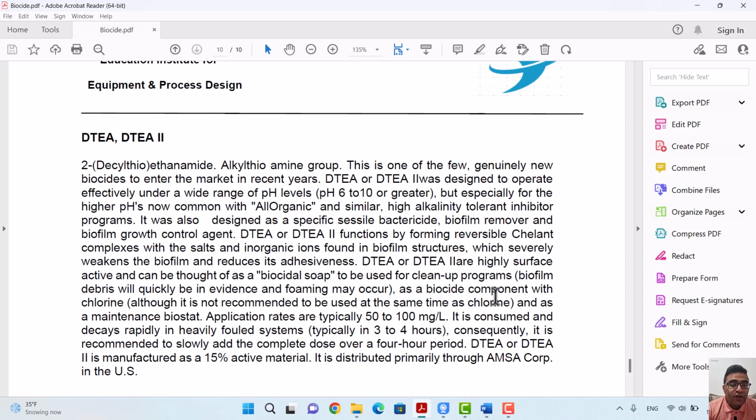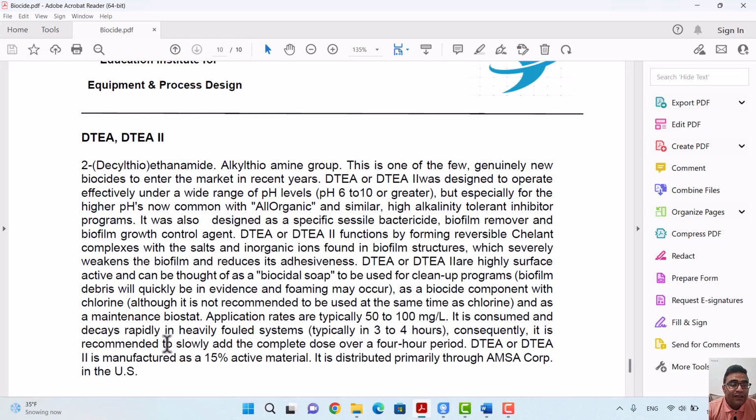As a biocide component with chlorine, although it is not recommended to be used at the same time as chlorine, and as a maintenance biostat, application rates are typically 50 to 100 mg per liter. It is consumed and decays rapidly in heavily fouled systems, typically in 3 to 4 hours.